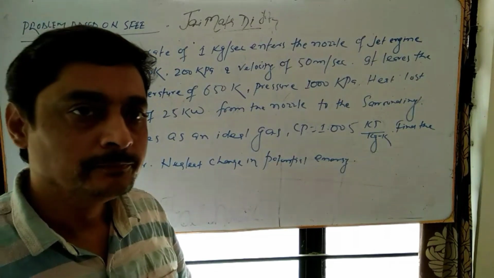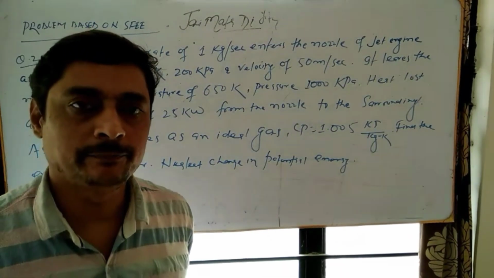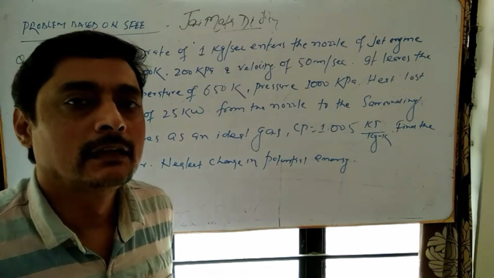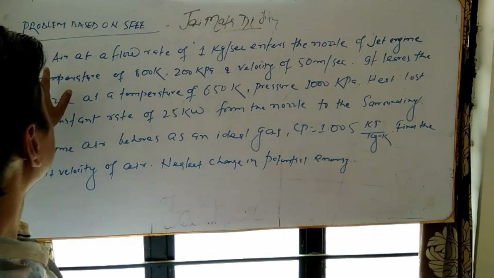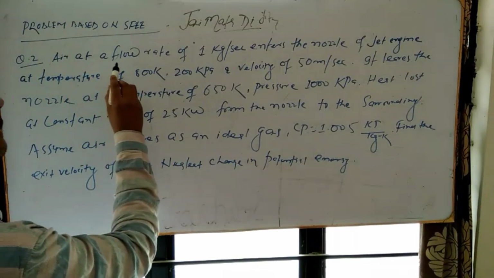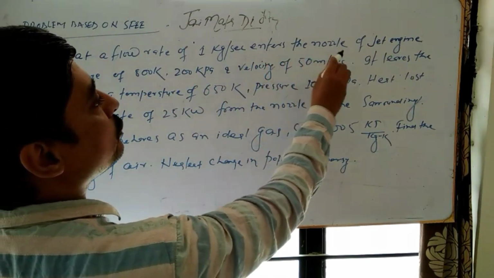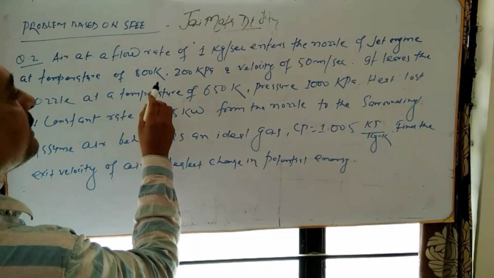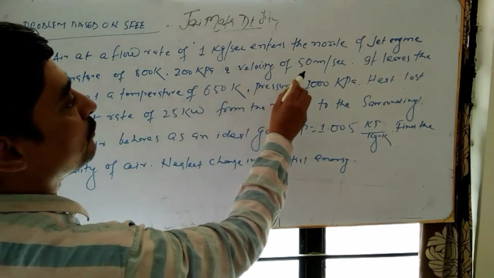This is the next problem, which is based on steady flow energy equation. I'm just dictating the problem. The air at a flow rate of 1 kg per second enters the nozzle of a jet engine at a temperature of 800 Kelvin, 200 kilopascal and velocity of 50 meter per second.